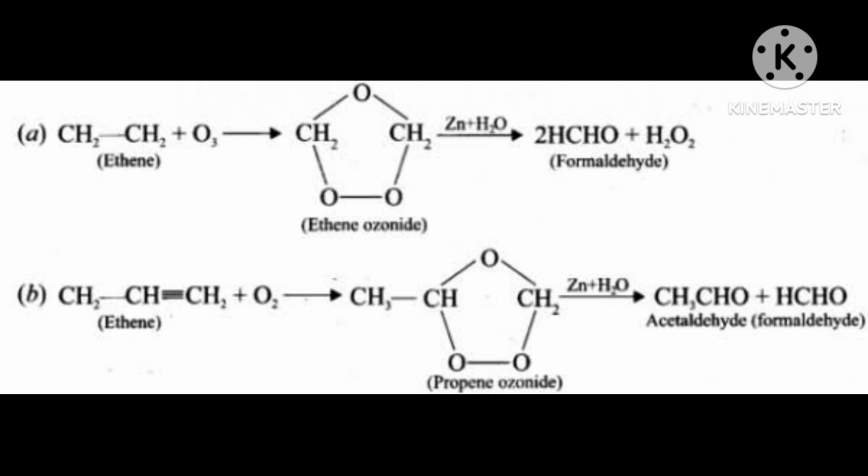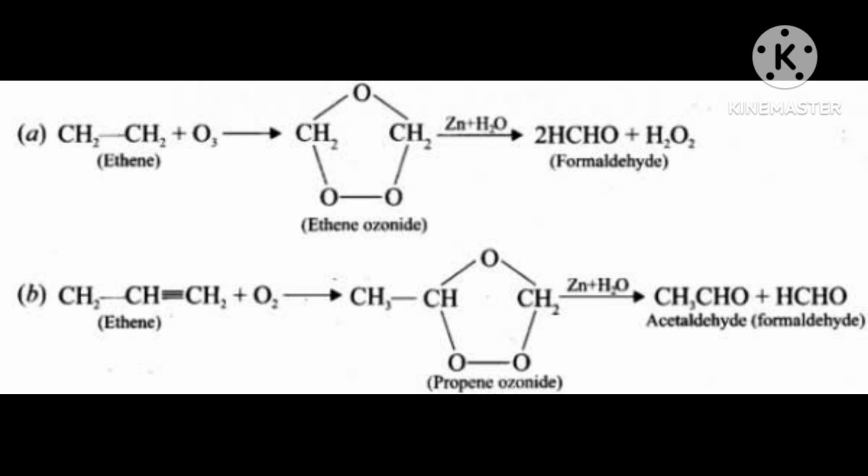And here you have seen that in the first case it was forming acetaldehyde. Now what will happen here? Because in the second carbon one H was there, it was CHO. But now that H is replaced by CH3.